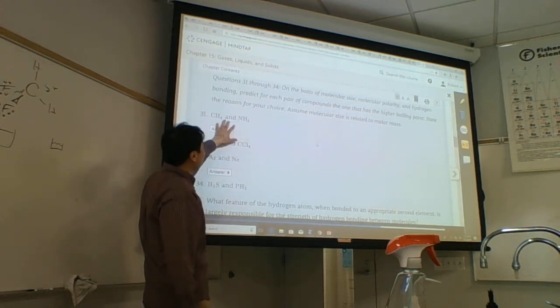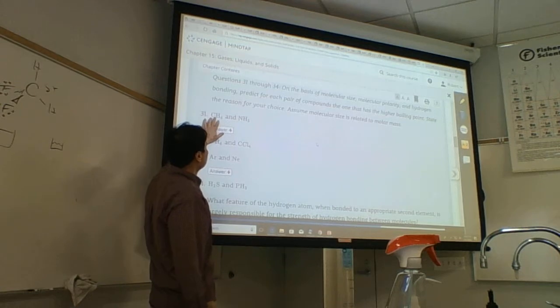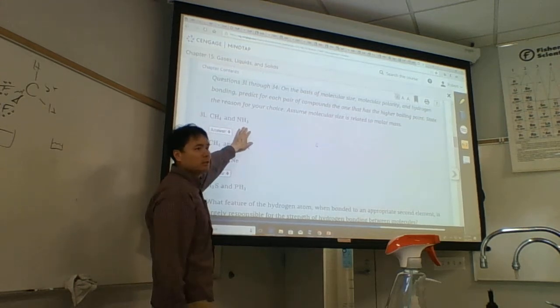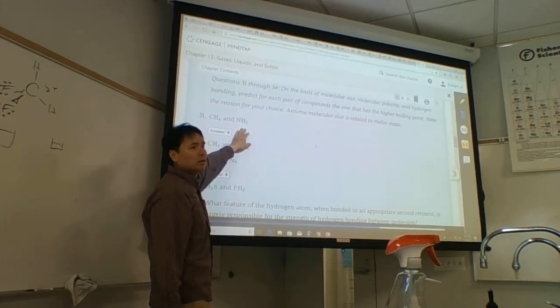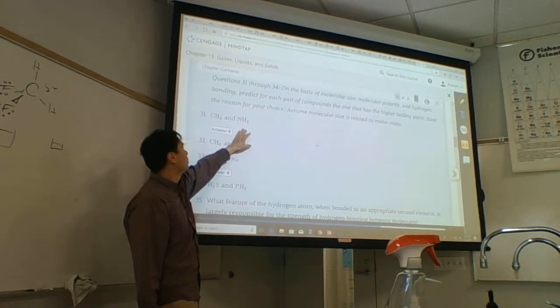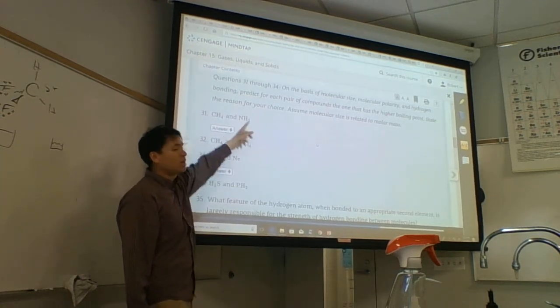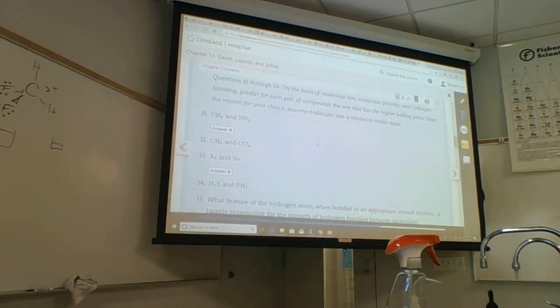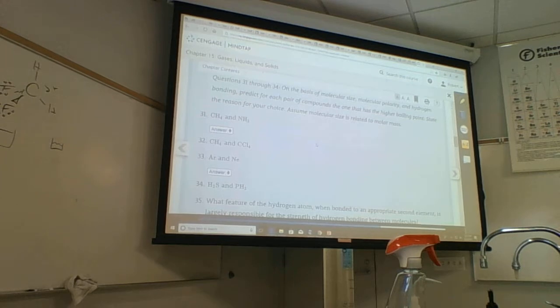They're both about the same size. What's different is methane is nonpolar or polar? Nonpolar. Ammonia is polar. This is trigonal-pyramidal in shape, so it's polar. And therefore, ammonia should have a higher boiling point because it's got dipole, and methane only has dispersion.